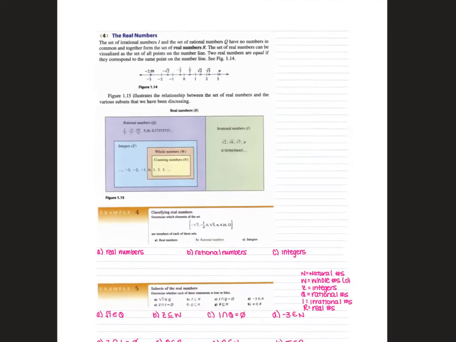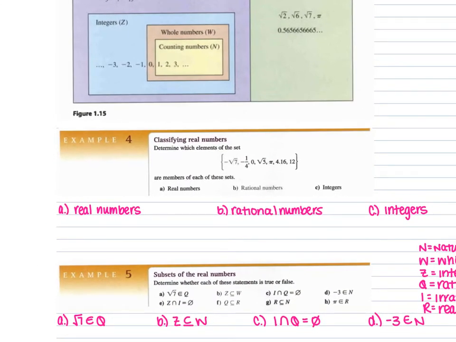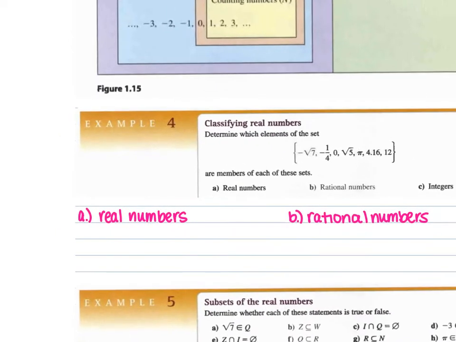For our next section, we're telling whether or not the numbers within this set are rational or irrational. So with this set, we have negative square root 7, negative 1/4, 0, the square root of 5, pi, 4.16, and 12. Our real numbers here are all of these numbers.